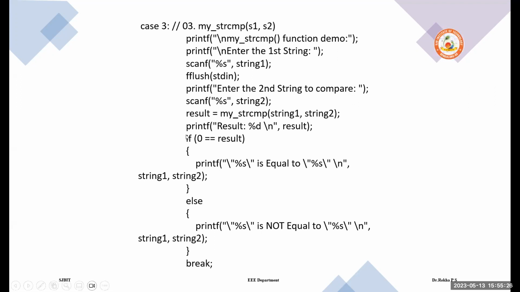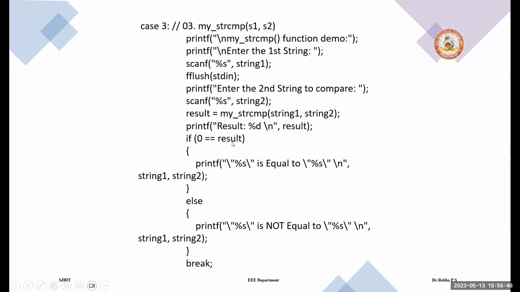And the next comparison goes. The main purpose of this function is to compare two strings and tell whether they are equal or not equal. Now I have got the result, and I have to compare that result with 0.